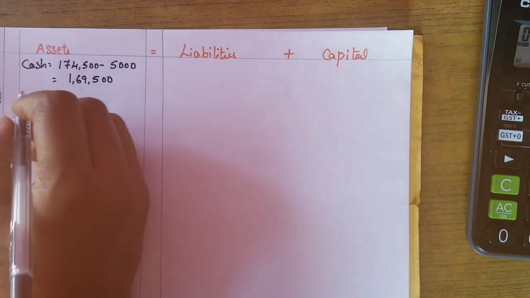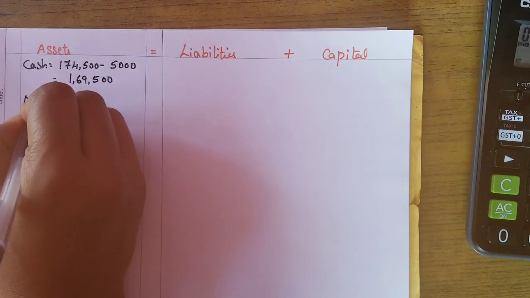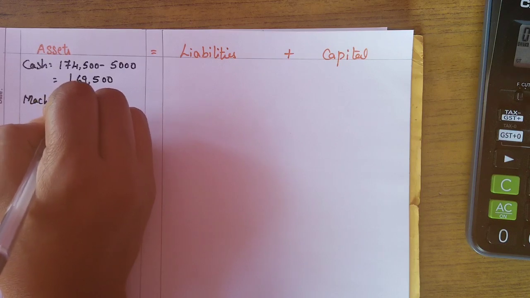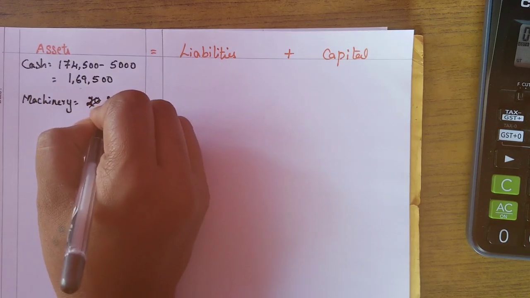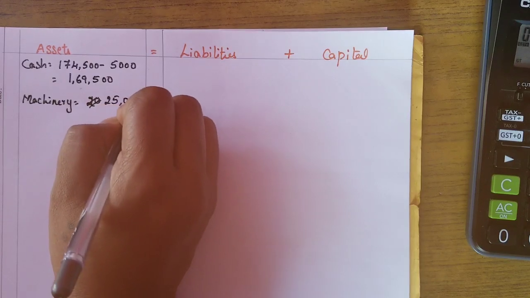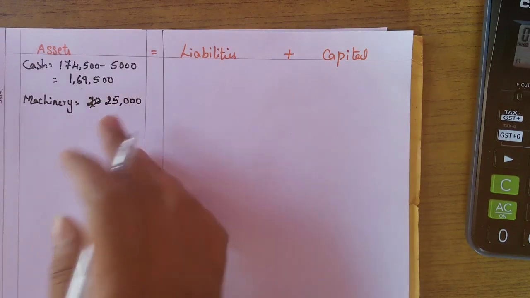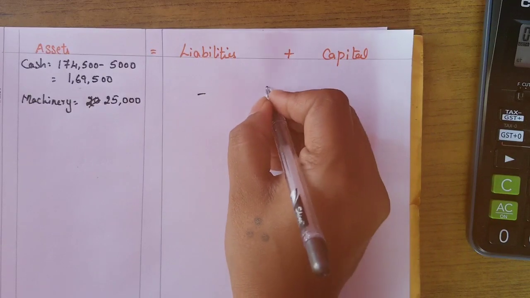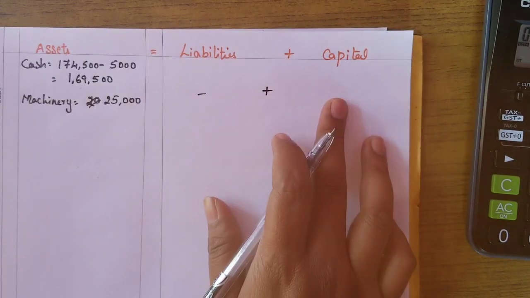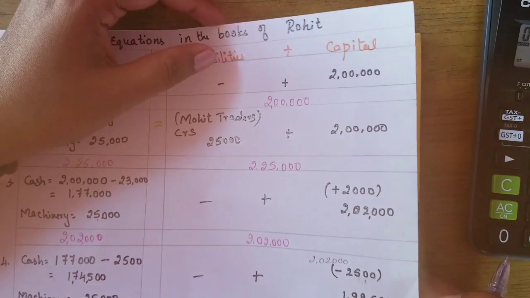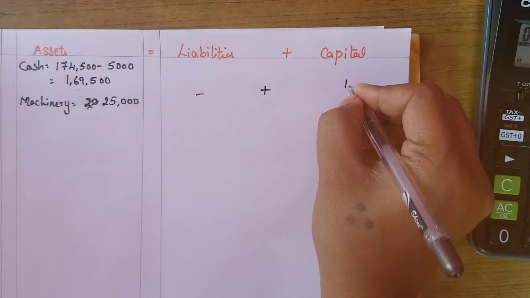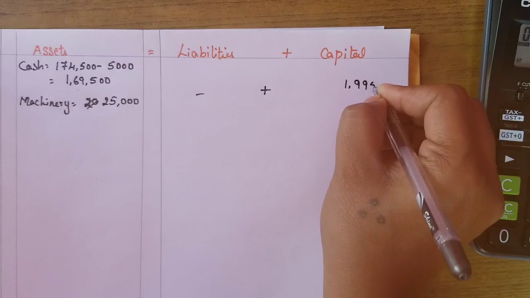Okay. Next we have machinery, where it is not affecting. So machinery remains the same. 25,000 is the value of machinery. Next, there is no liability. Coming to the capital. Capital balance was 1,99,500.